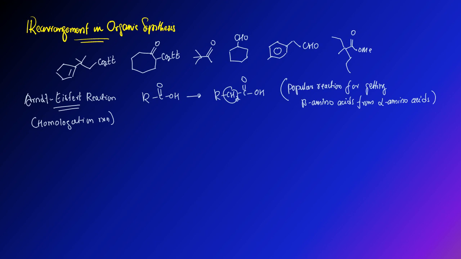So what happens in the Arndt-Eistert reaction? Usually the mechanism involves simple steps. First, the carboxylic acid is treated with thionyl chloride. We get acid chloride.